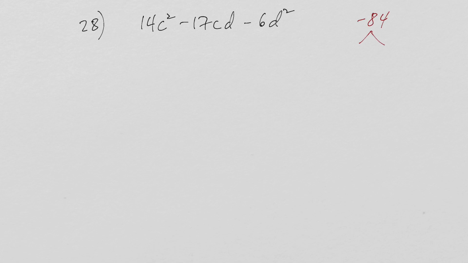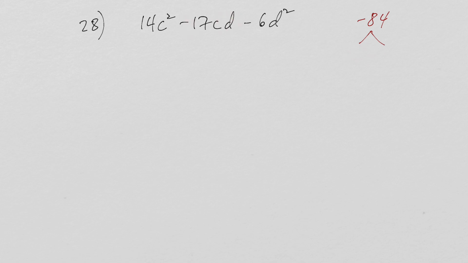Number 28 says 14c squared minus 17cd minus 6d squared. Okay, the product of these two outer numbers, I'll just use a calculator, 14 times 6 is negative 84. Because it's negative, one factor is positive and one is negative. So when I add them up, I'm actually subtracting.